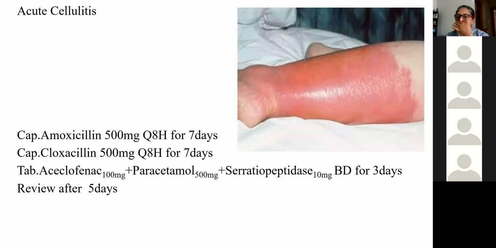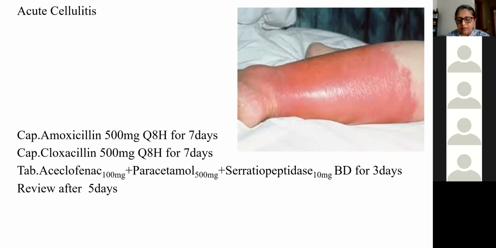H1 blocker. Not H1 blocker, H2 blockers. Okay. Or PPI. Sucralfate we can use. Okay. Any other drug? Then omeprazole, that is an H2 blocker. Yes. Omeprazole, so it is a proton pump inhibitor.